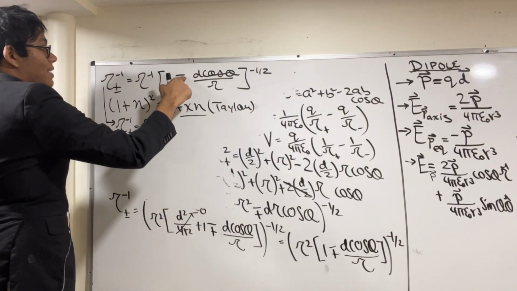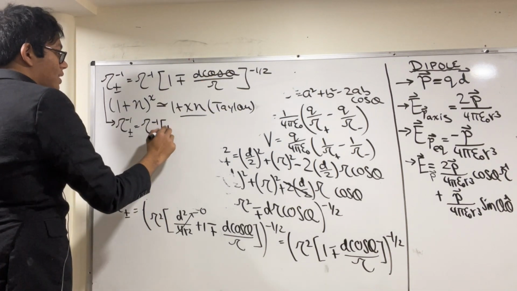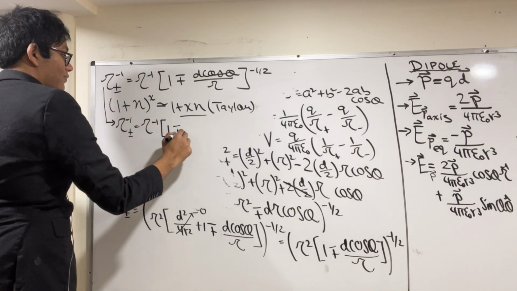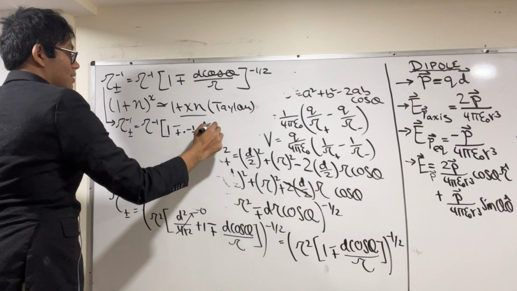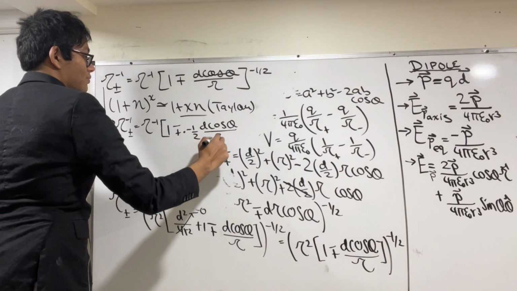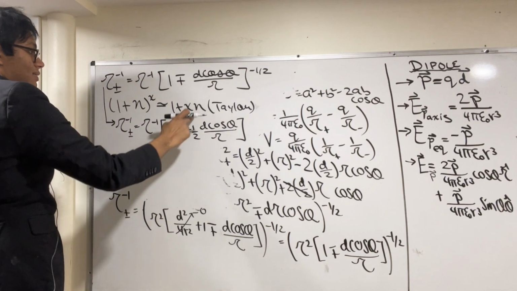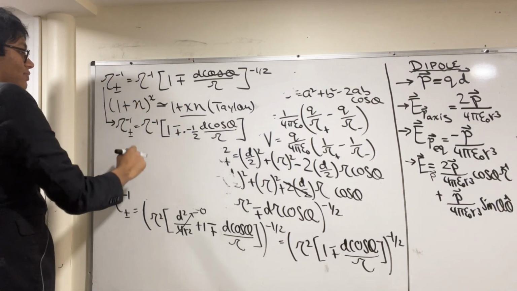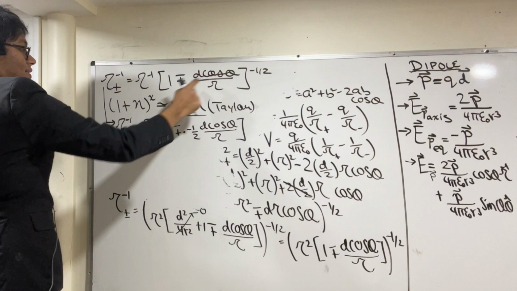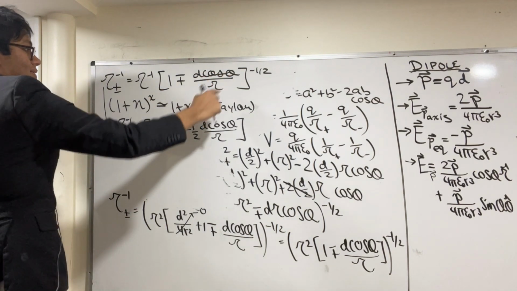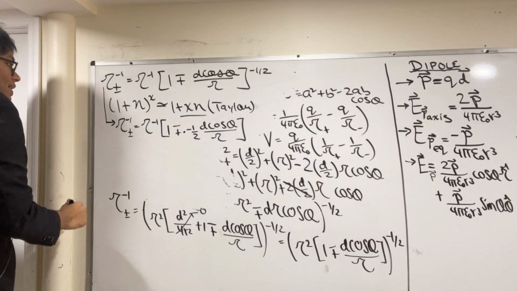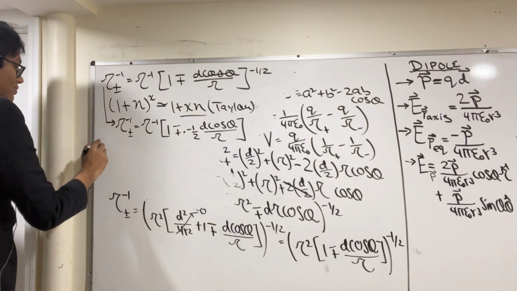Now notice minus plus is going to be multiplied by this minus half, and I'll still be left with d cosine theta over r here. But I've already applied this power, right? 1 plus n to the x, right? N right here is this, and I multiplied it by my exponent, negative 1/2. So that's why I've got that. I've used my Taylor series approximation.